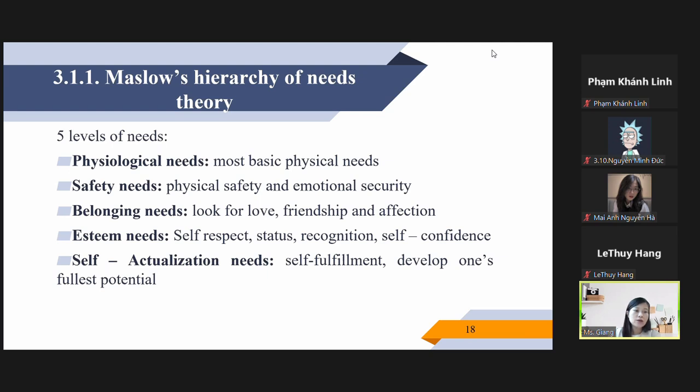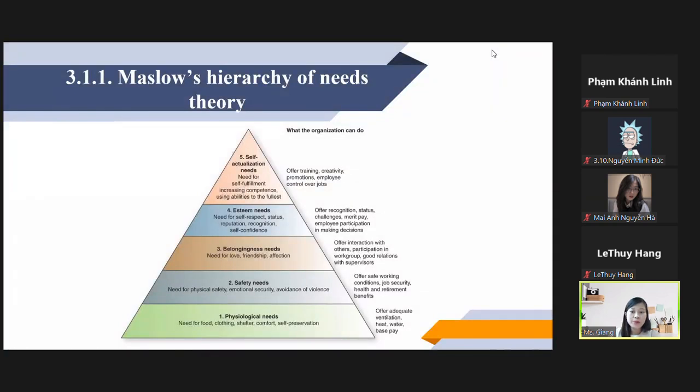It is the physiological need, nhu cầu sinh lý. It is the most basic physical need because you need to satisfy these needs in order to be alive. For example, you have the need for food, clothing, shelter, comfort, and self-preservation.